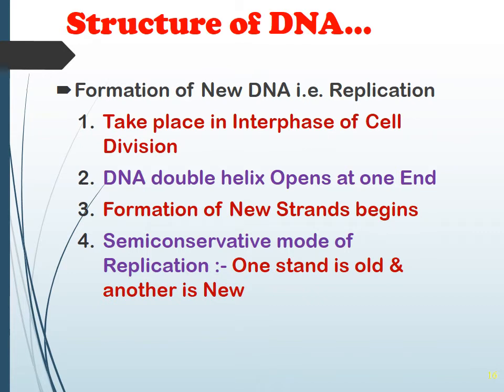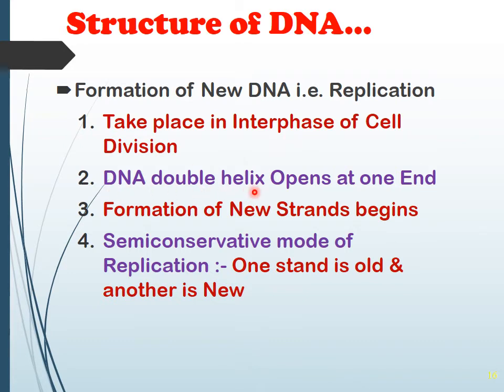As you can see in the first line, it's called replication. This replication of DNA takes place in the interphase of cell division. What is interphase? That we will discuss in the next part of this presentation.